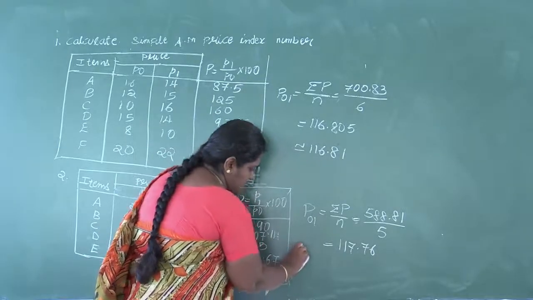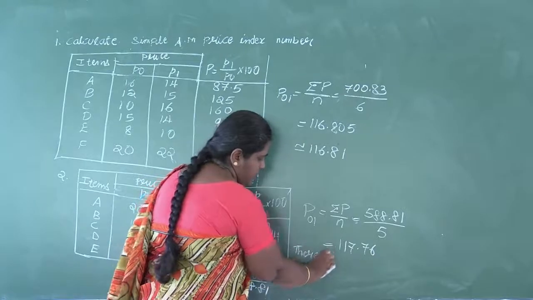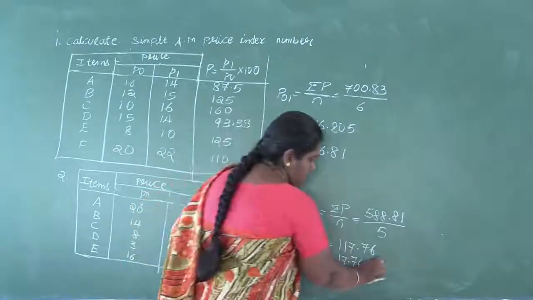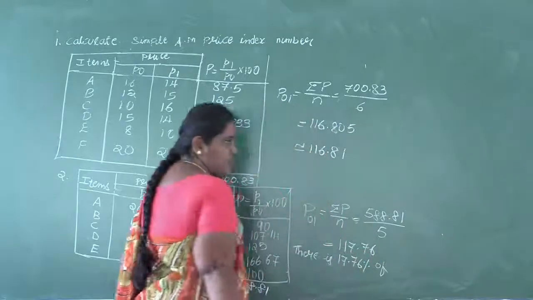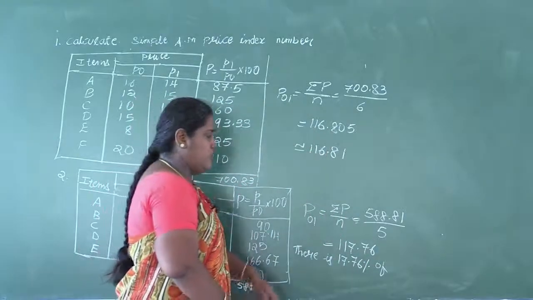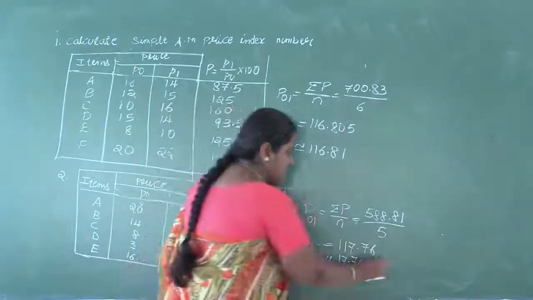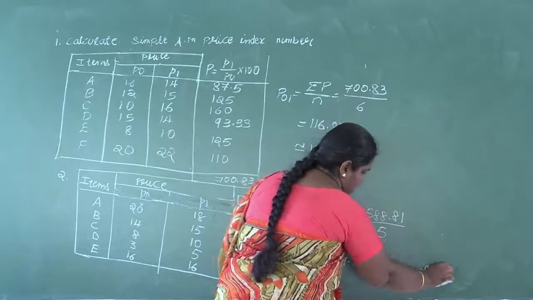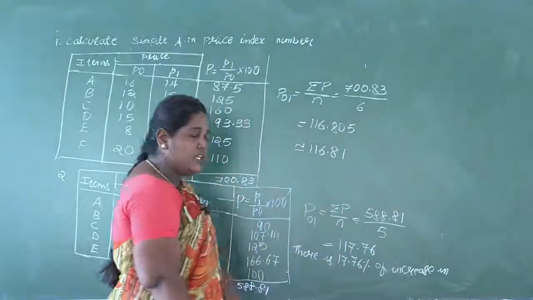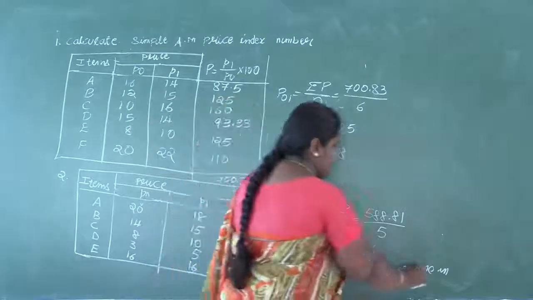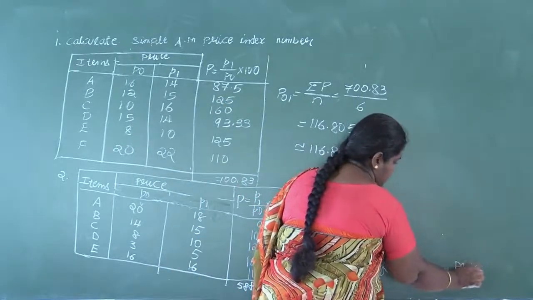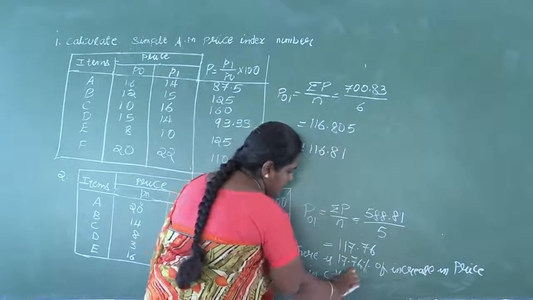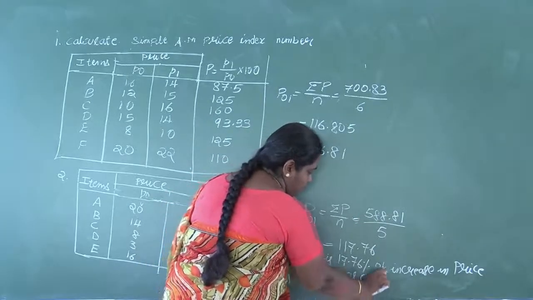So we'll write it as there is 17.76% of the value what we have got here, the price index number value, it is more than 100. So it is increase in price. We are doing the price index number, so we have to mention it as increase in price in current year as compared to that of base year.